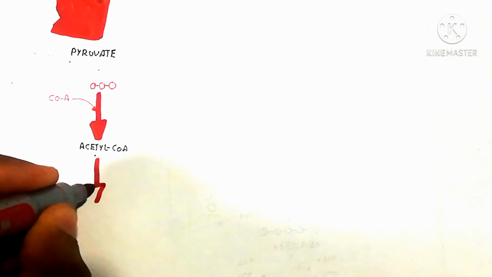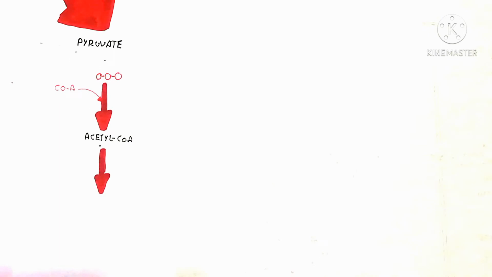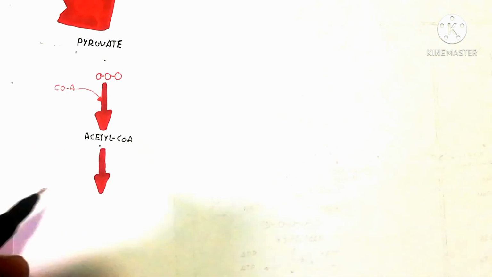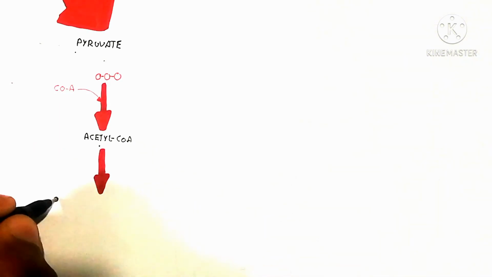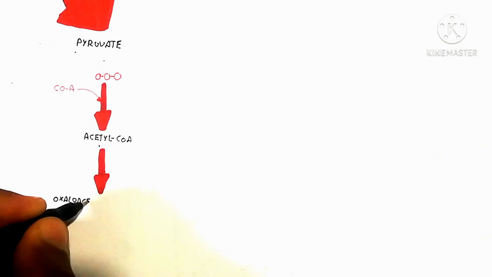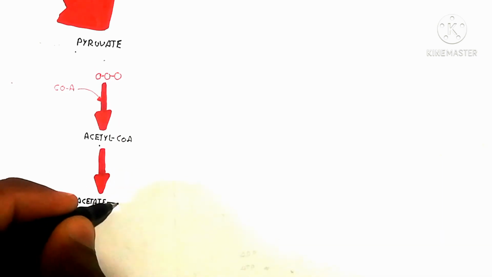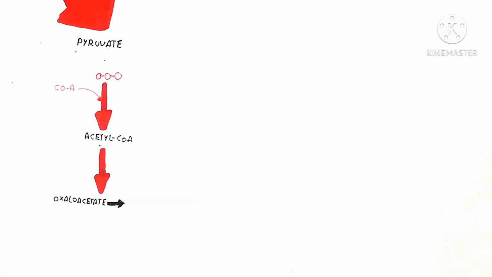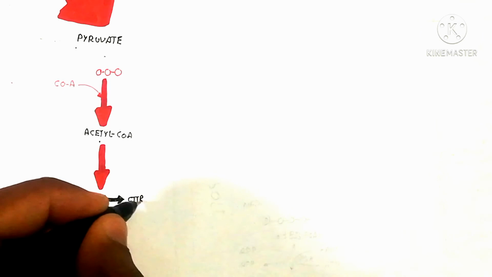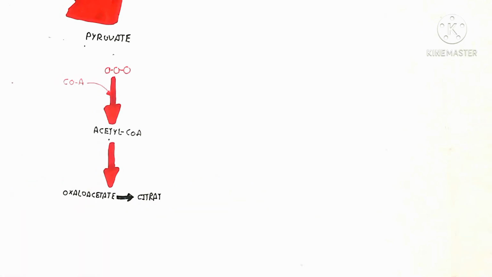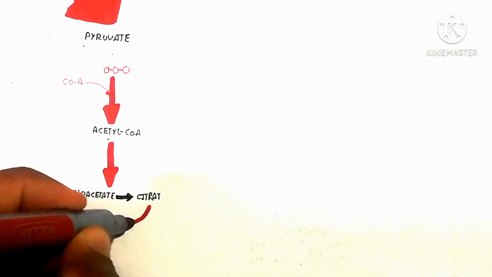This acetyl CoA will be attached in the Krebs cycle to oxaloacetate to produce citrate, and that citric acid cycle will begin to produce FADH2, NADH and ATP. So ATP, FADH2 and NADH will be produced, and that goes into the electron transport chain.